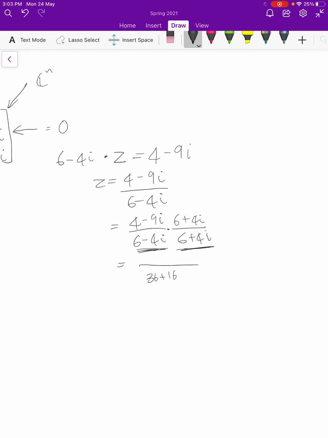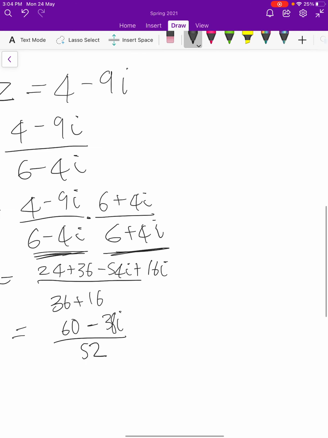And the top goes to 24 plus 36 minus 54i plus 16i, which is just 60 minus 54 plus 16 is minus 38i, if I'm not wrong, and 36 plus 16 is just 52. And that's going to be our answer.